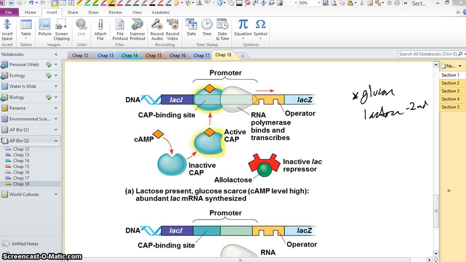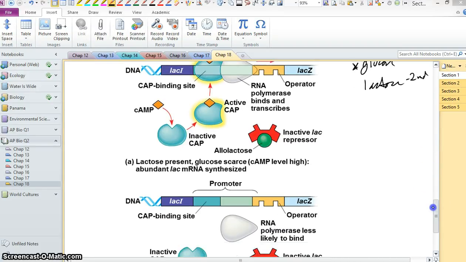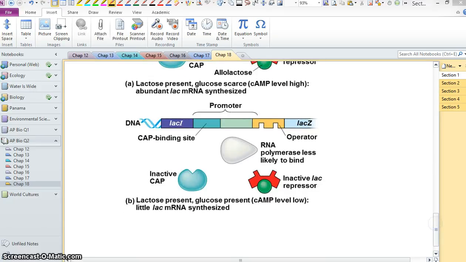But what about if glucose is present and the bacteria wants to digest it and consume it first? Well, you've got lactose present, so the repressor is not operating and the operon should run. In the presence of glucose, you have this transcription factor that is in an inactive state.